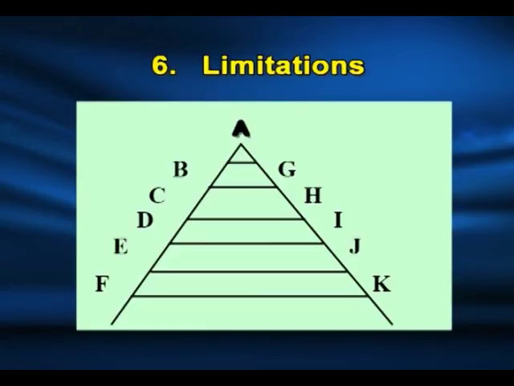F and K in the diagram may deal with each other directly without the prior permission of their superiors, but they should keep their superiors duly informed of what transpired between them.